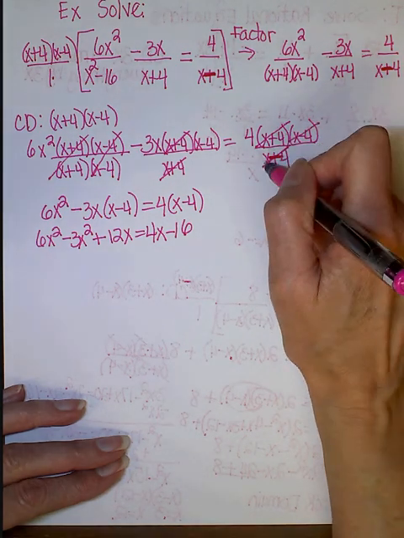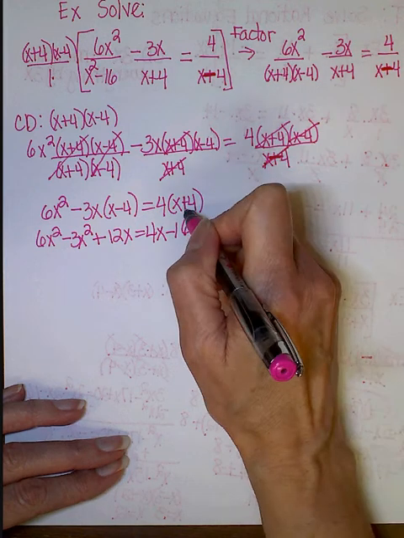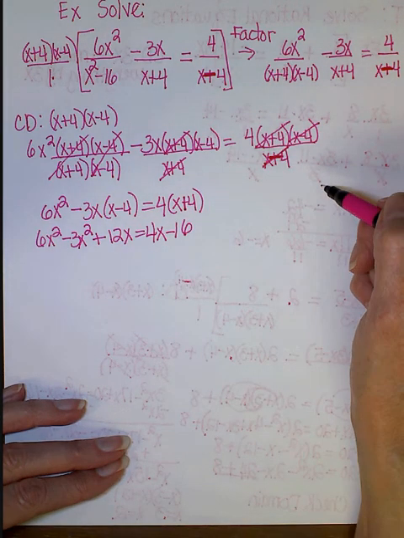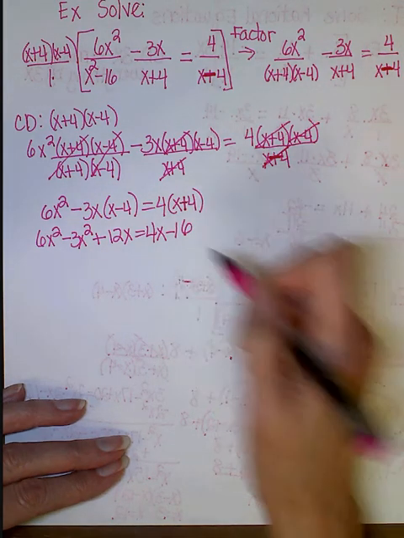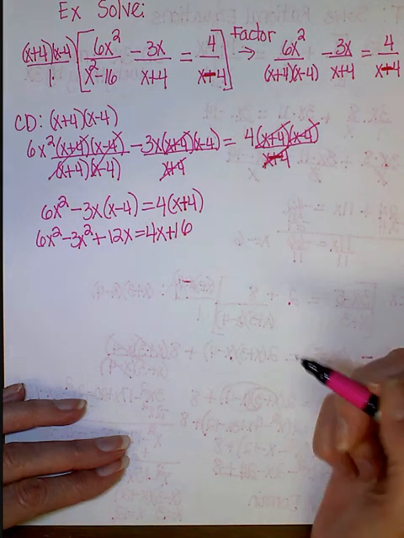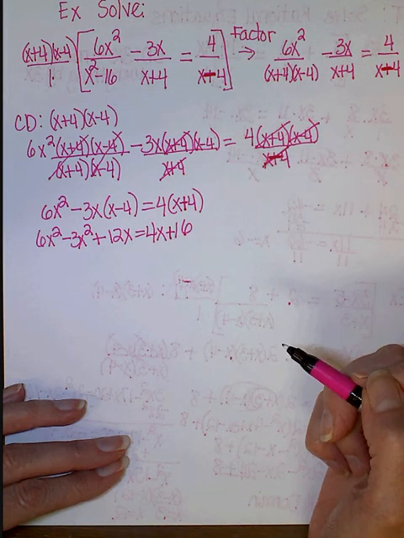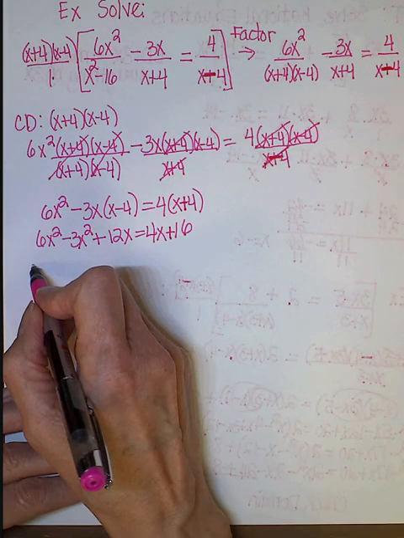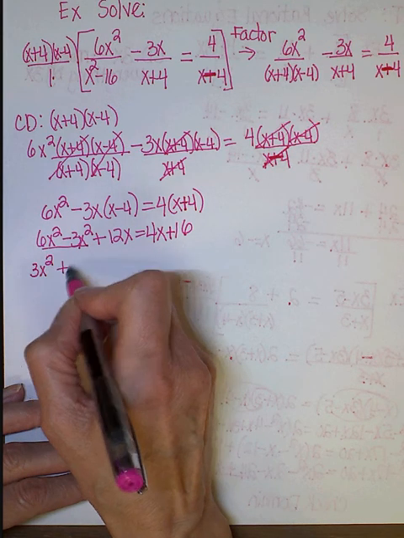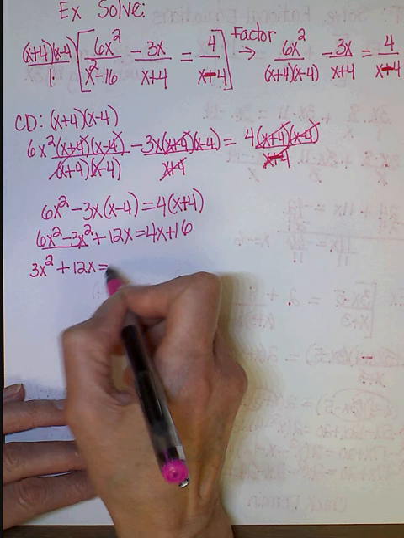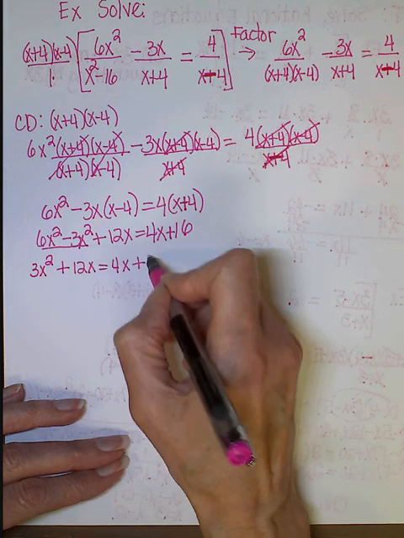These actually reduce out, and so this should be 4. Sorry about that. This should be plus 4 right here. And so when I did the distributive property, that should be 4. Alright, so I'm going to get 3x squared when I combine these two, plus 12x equals 4x plus 16.